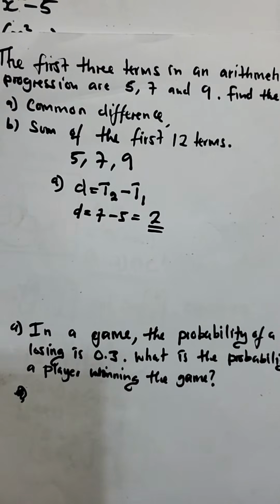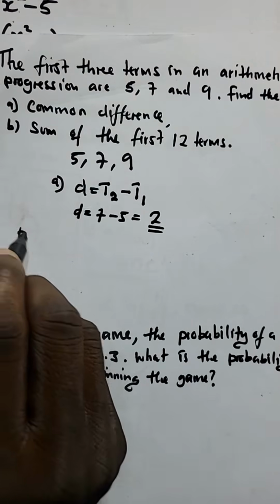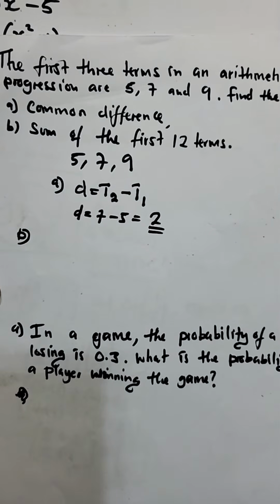Question B is saying find the sum of the first 12 terms. This is simple, as long as you know the formula to use when calculating the sum of an arithmetic progression.